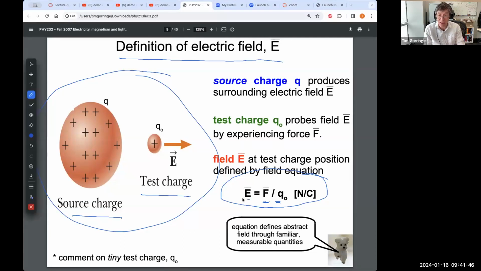So it defines the electrical field for us. So this field equation is very important. It defines the electrical field, which is an abstract thing, right? You can't see it. It defines it in terms of known things that you can measure: the force on the test charge and the quantity of test charge. And so that's the field equation.